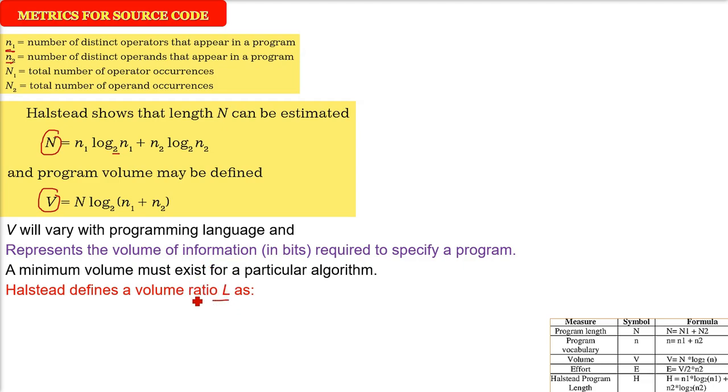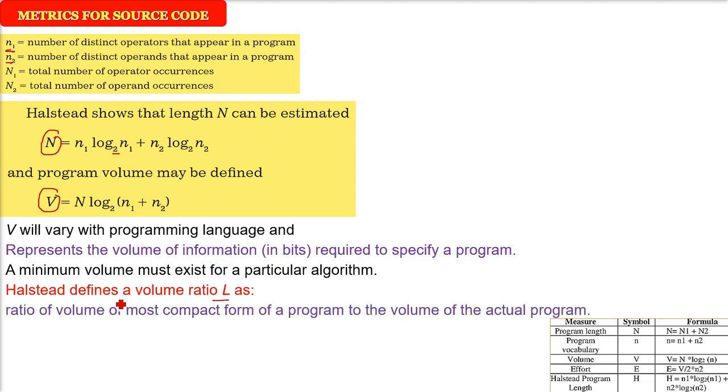He also said volume ratio, which is actually the inversion of your difficulty. This is the ratio of the volume of the most compact form of program to the volume of the actual program. So if you have a very good program, the compact program divided by the actual program is the volume ratio.